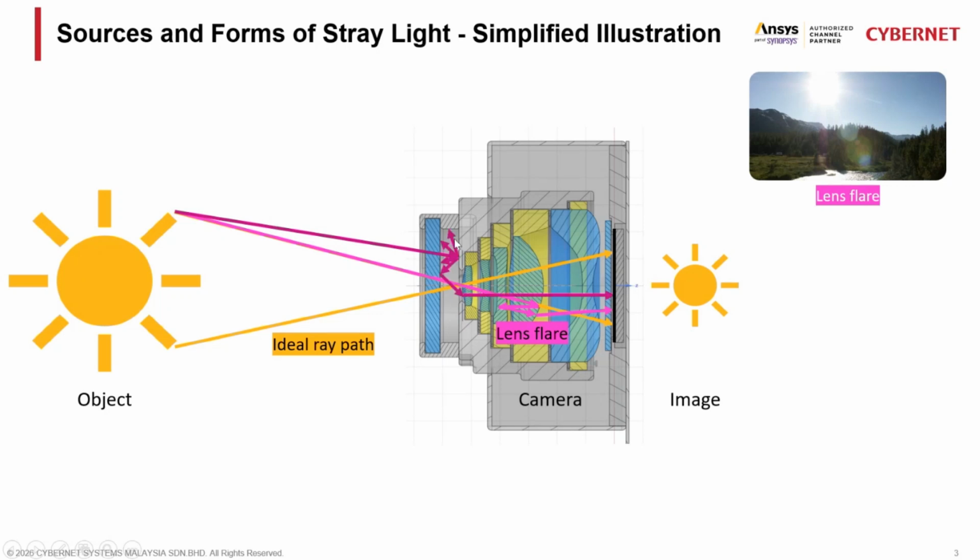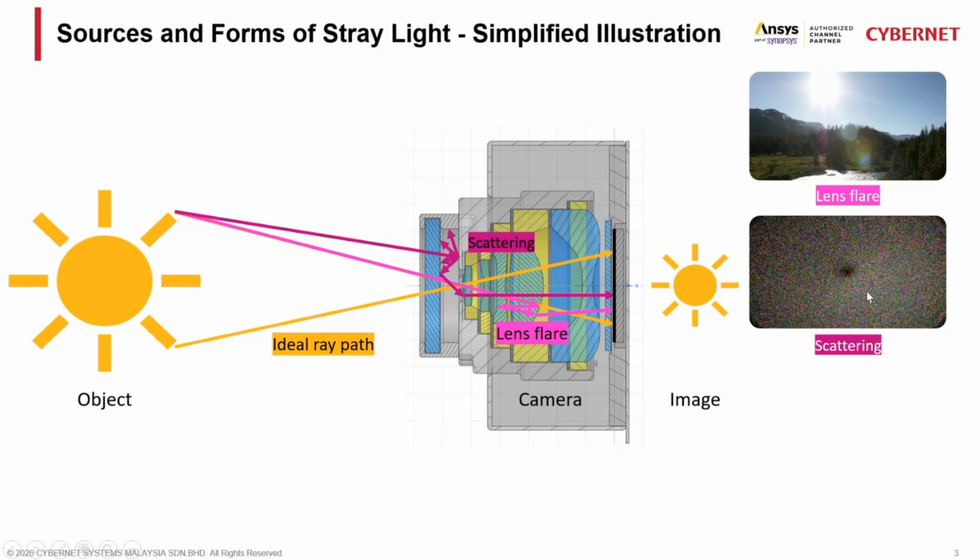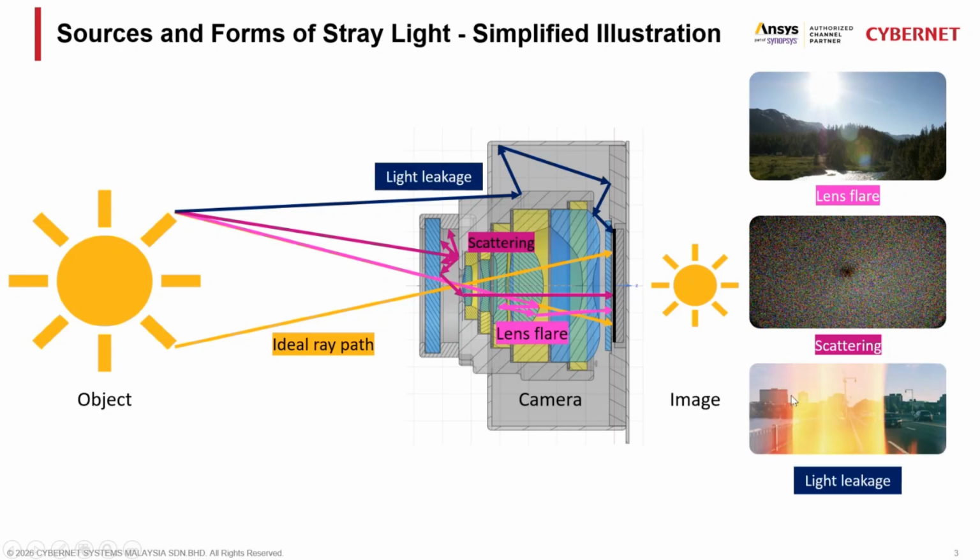There will be internal reflection between the mechanical parts, and finally the light goes into the imaging sensor. This gives you something like scattering. Some of the light rays will go into the mechanical part without going through the lens array. Finally we get something like light leaking, which is all the unintended light paths to the imaging sensor.